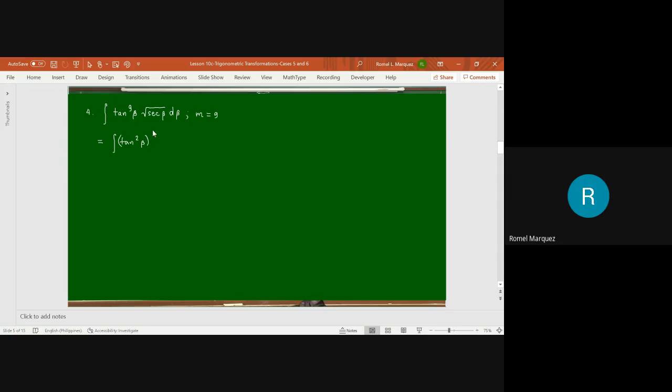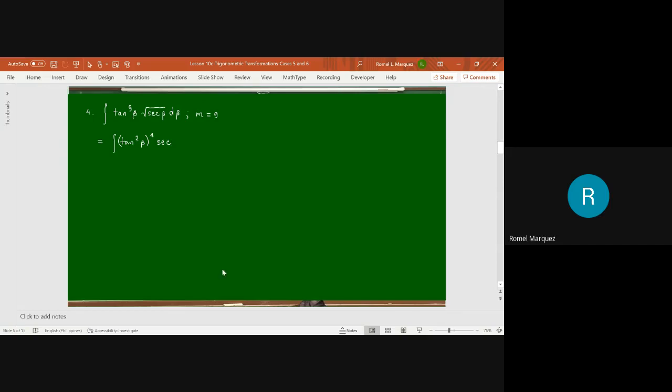raised to 4 to complete the tangent to the 8, then plus 1 tangent that we're going to segregate, that gives us a total of 9. And then we get from secant beta 1 secant also. So what's the remaining after getting 1 secant? That is secant to the 1/2.